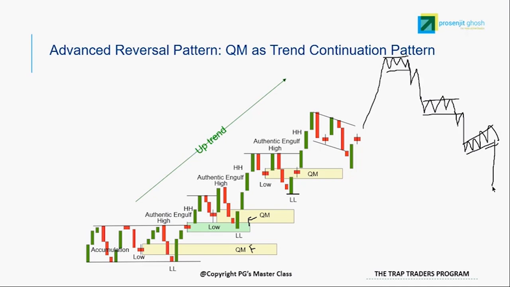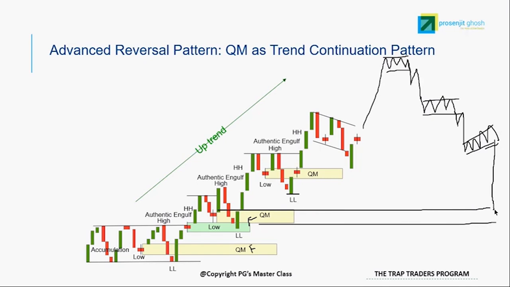All this will end, the downtrend will end at a fresh QM, which is left over in the past. And here another accumulation will form and price will again start moving. Okay, so this is what happens when a fresh QM gets left over. Okay, it's a very important structure.